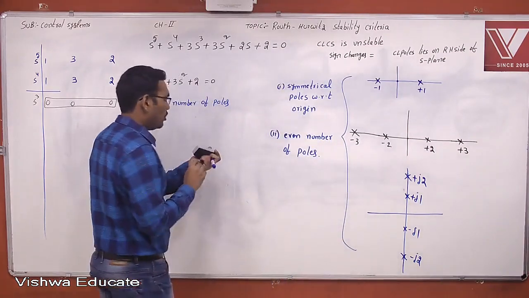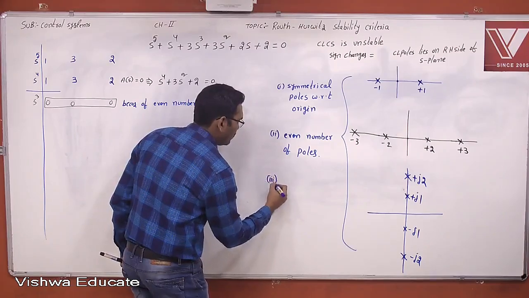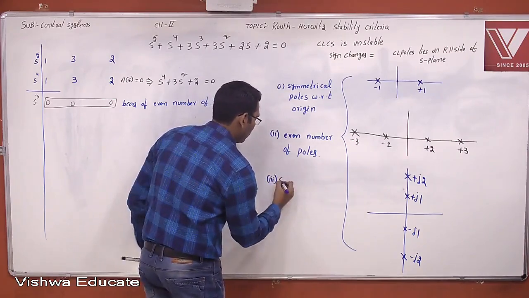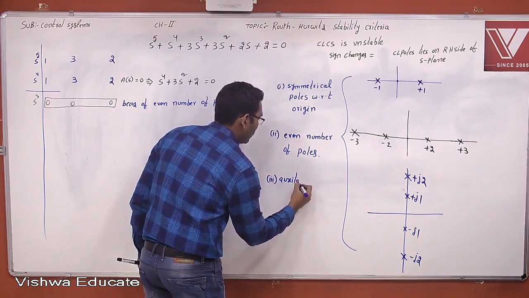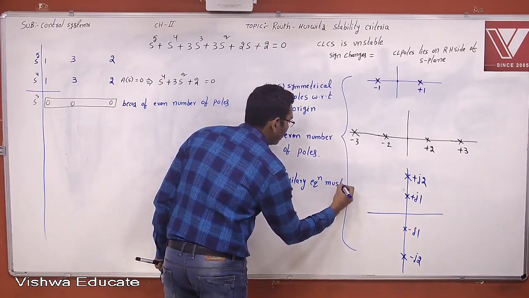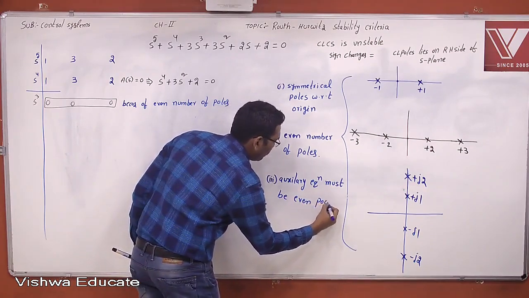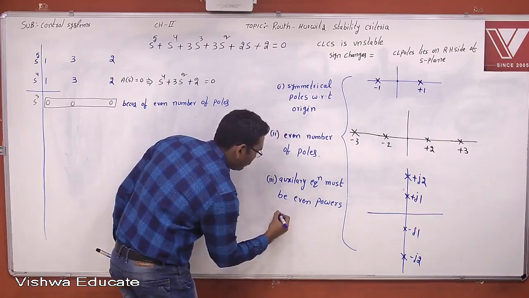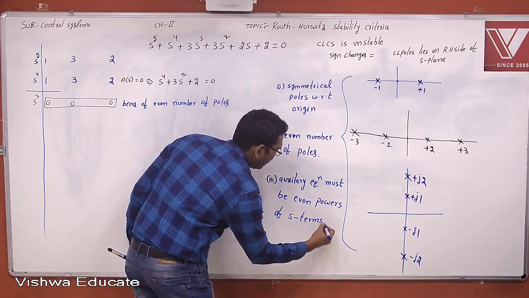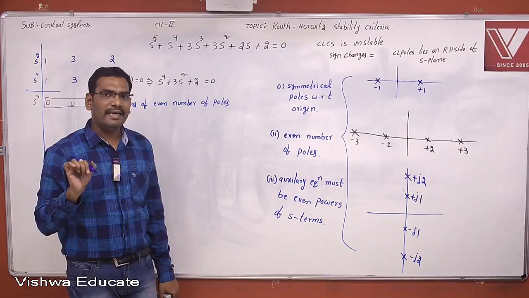Therefore this is the third point: the auxiliary equation must have even powers of s terms. Understand or not?